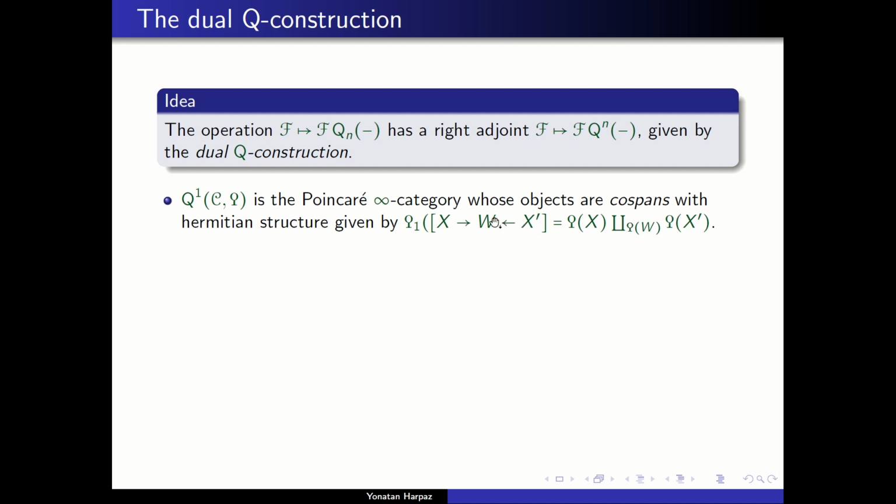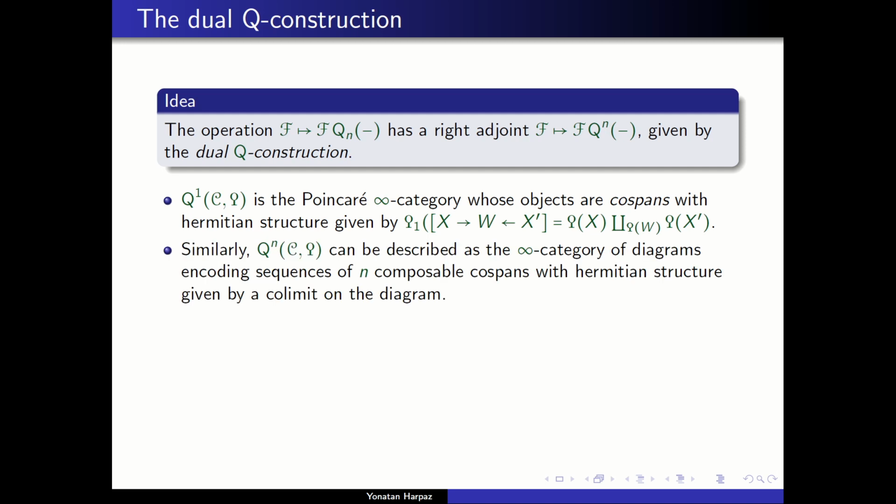So these are diagrams like this, where we have x, x prime, and maps to W. And the Hermitian structure sends a cospan like this to the push-out of spectra of coppa x prime and coppa W. Compare this with the usual degree 1 Q construction, whose objects are spans instead of cospans. The arrows here go the other way. And the Hermitian structure sends a span not to the push-out, but to the fibre product of the corresponding spectra.